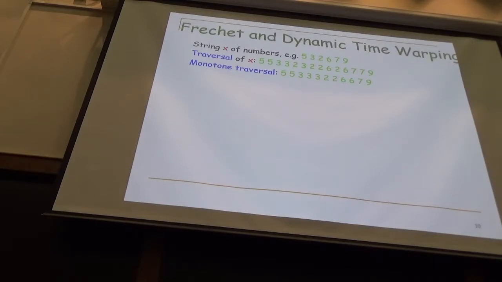A traversal, you either move to the right or to the left. And a monotone traversal means you're always moving to the right. So if you look at this, the first one, I actually take steps backwards. The second one, I always just go.